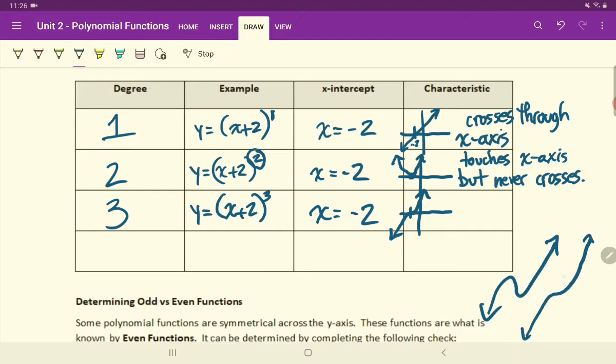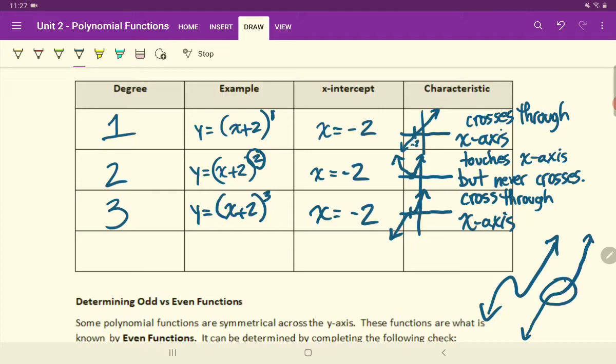I would say that this does cross through the x-axis, but in a different way than linear. Linear goes directly right through it. This slows up, then goes through it, and then speeds back up again.